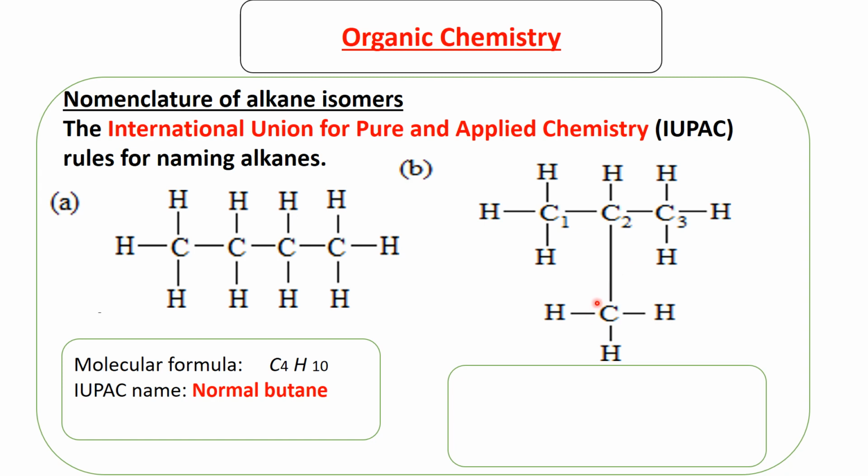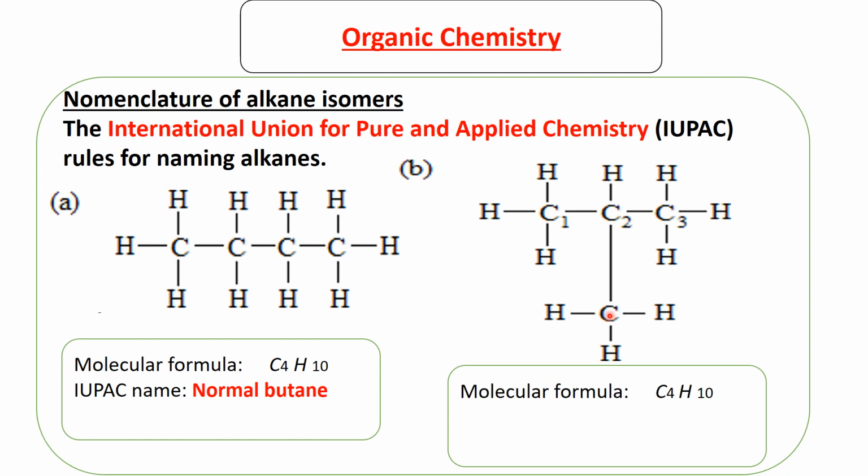Then we have this group, which is methyl, so it's 2-methyl. Then the longest chain: 2-methyl propane. Between the number and the group, you put a dash.